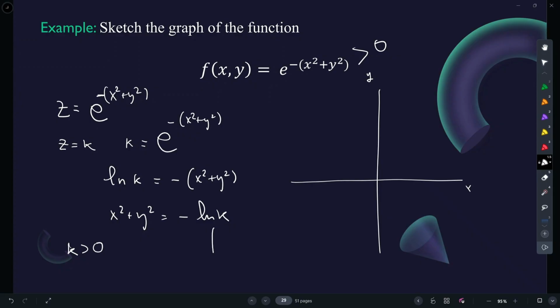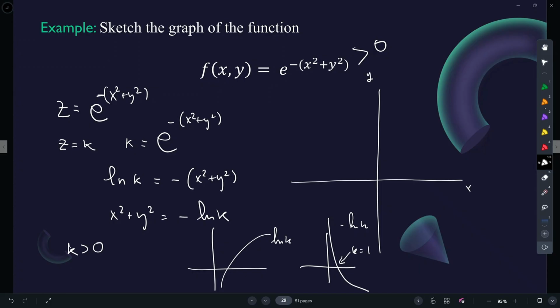Also, the logarithm looks like this. This is ln k, so minus ln k looks like this. As k increases, the radius decreases. In fact, right here, when k is 1, the radius is 0, and then it becomes negative, so there are not going to be any points.